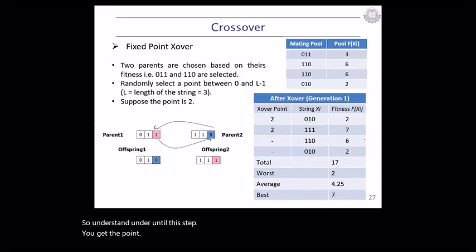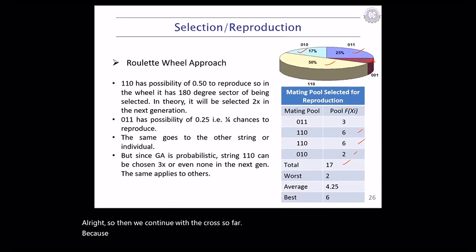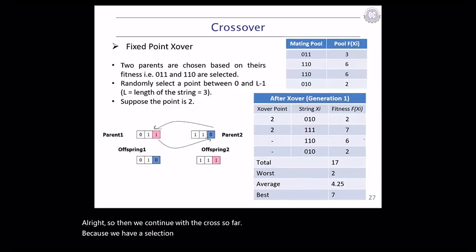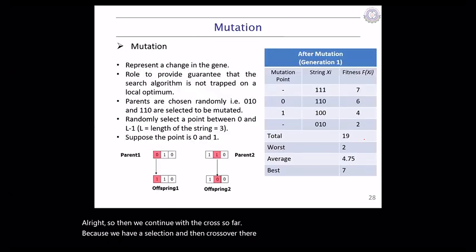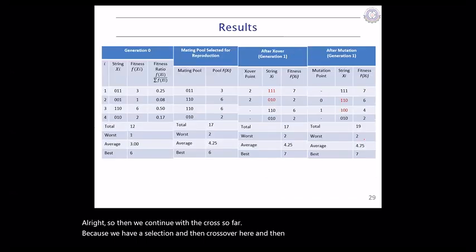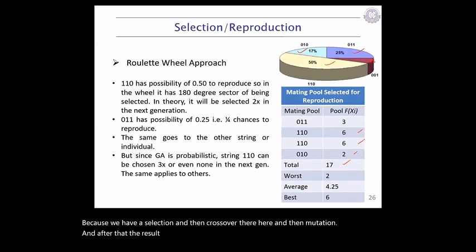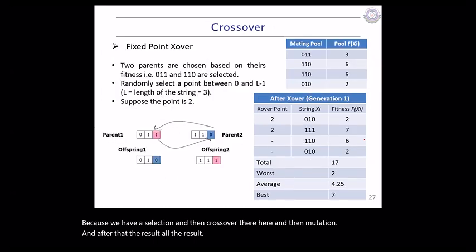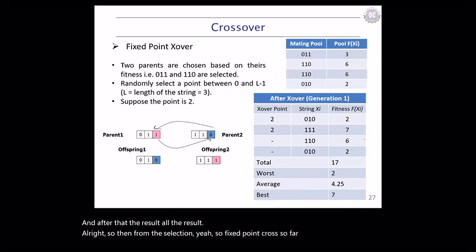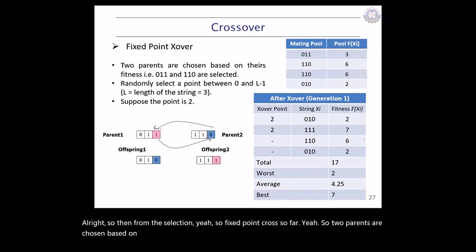All right, so then we continue with the crossover, because we have a selection, then crossover, then mutation, and after that the result. From the selection, for fixed point crossover, 2 parents are chosen based on their fitness.